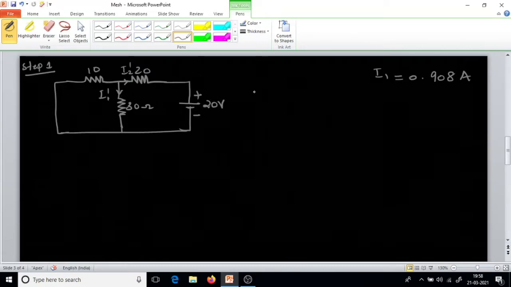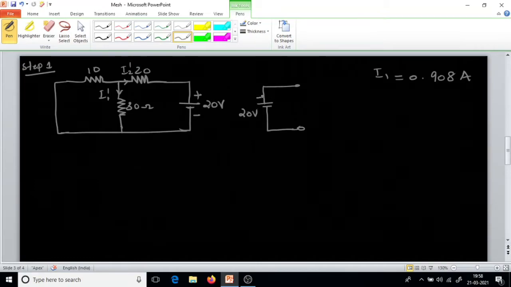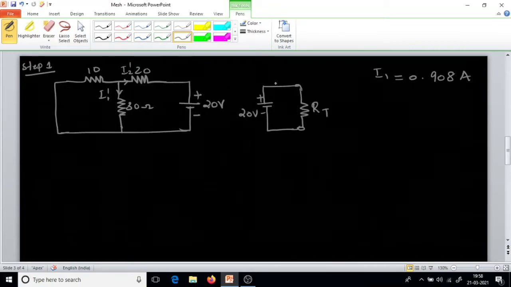Similar to the previous step, here also we can replace this circuit with the 20 volt voltage source with the equivalent resistance, that is, I will take it as RT. Then we can find the current through it, I.